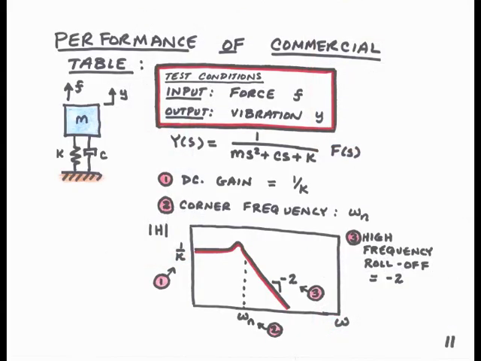This gives a different transfer function than if x was the input. And the transfer function then is going to be 1 over ms squared plus cs plus k. You'll note that there's no zeros to this transfer function. Because of that, we have a slightly different frequency response curve.